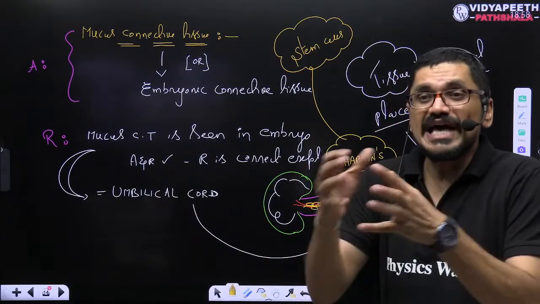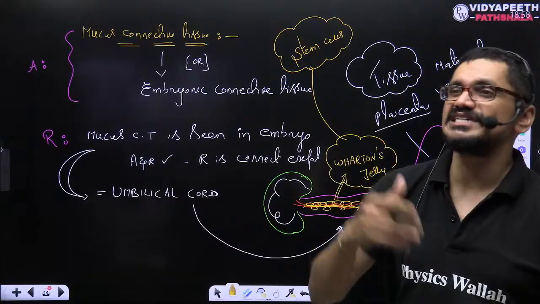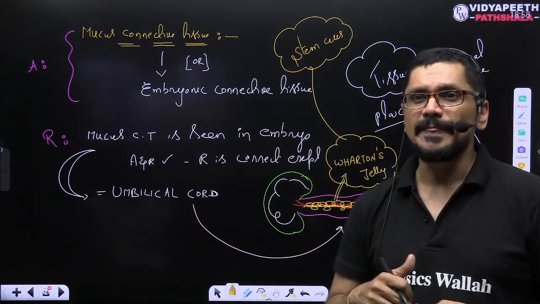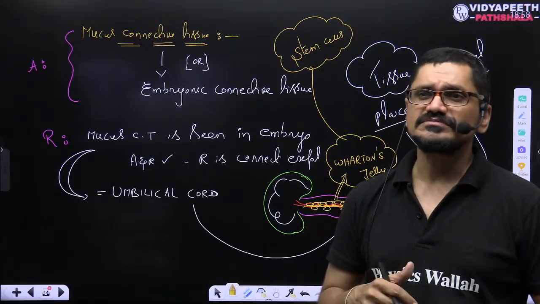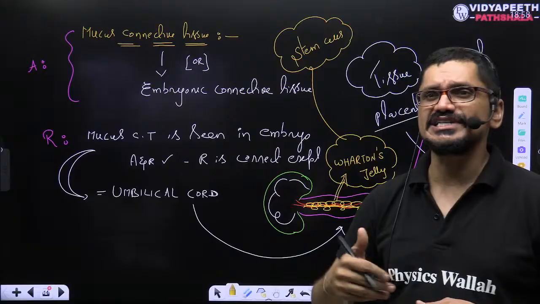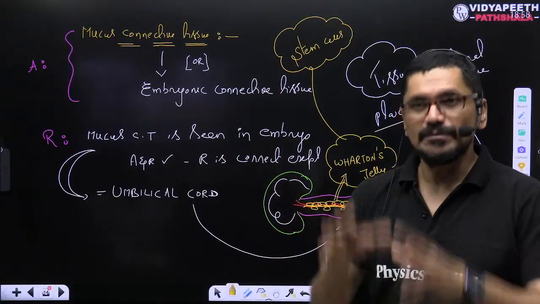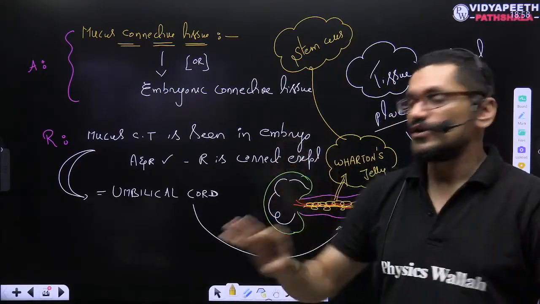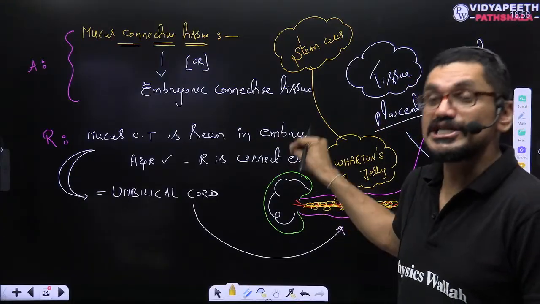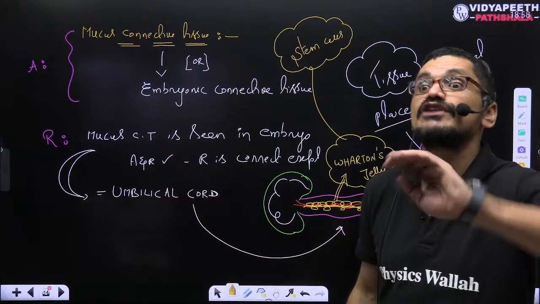For cell-based disorders like Parkinson's disease, Alzheimer's disease, muscular dystrophy, DMD, myasthenia gravis, rheumatoid arthritis, we can use the cells from this umbilical cord. So it is better to store it for future use.